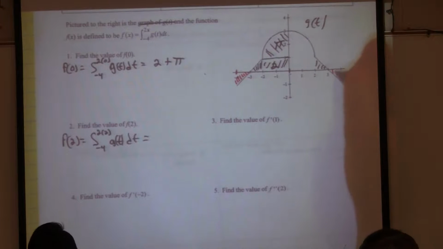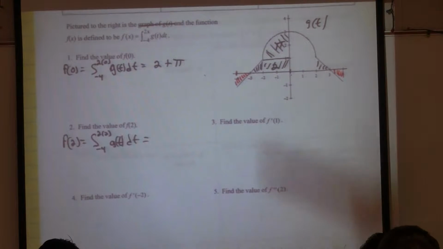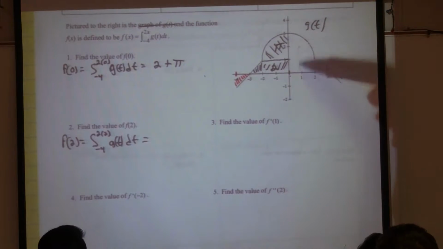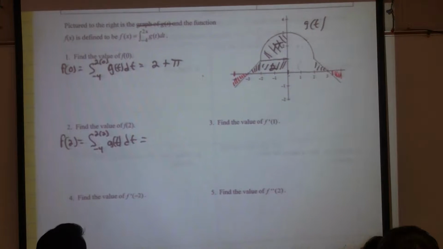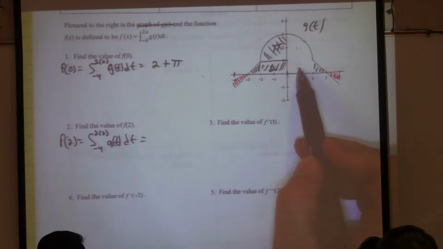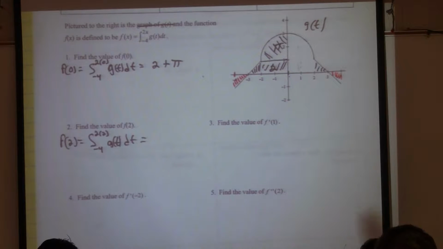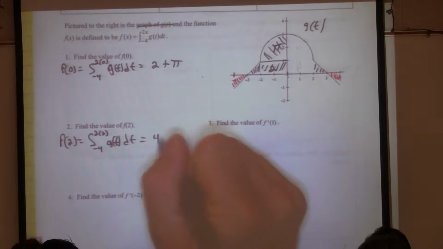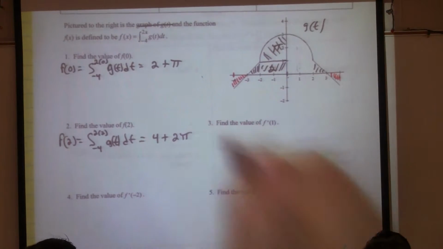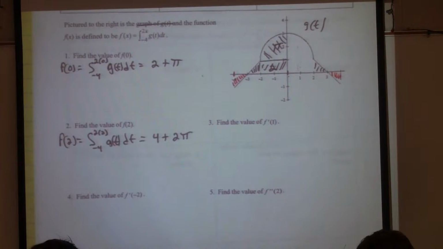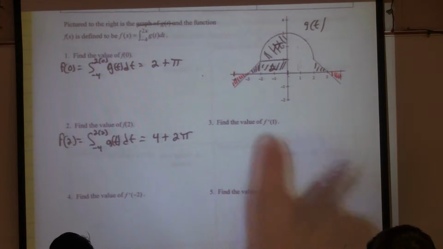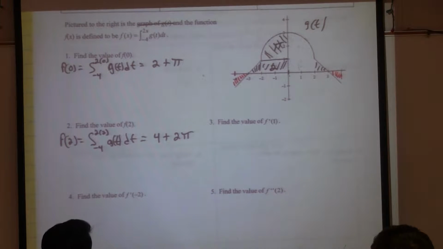These guys are also going to cancel out. So technically it's this part right here, how many times? Twice. So that's 2 plus 2, that's what? 4. And pi plus pi? 2 pi, so it's really just 4 plus 2 pi. Oh, geniuses. Easy?